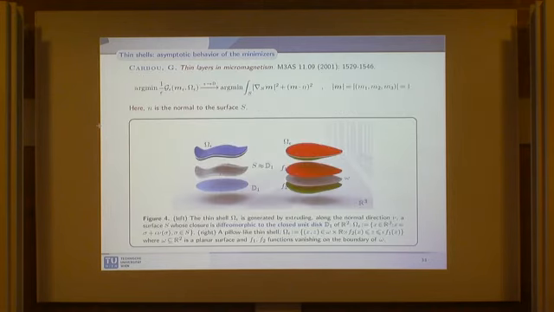Then I told you there are different regimes that people were investigating, and Carbou also treated the case in which you have a curved thin shell, so you take a curved surface, not a planar surface, you extrude, and then you want to understand what happens at the leading order.